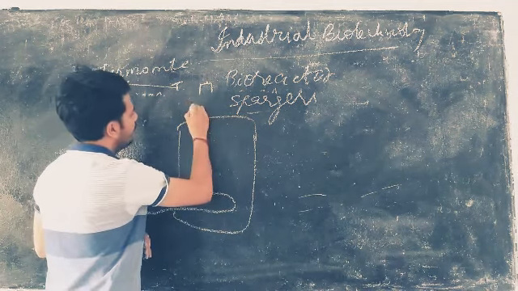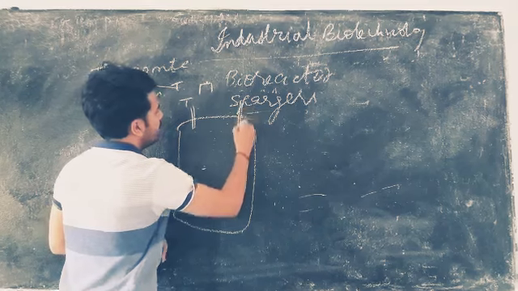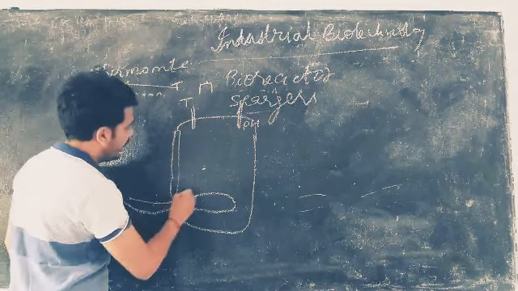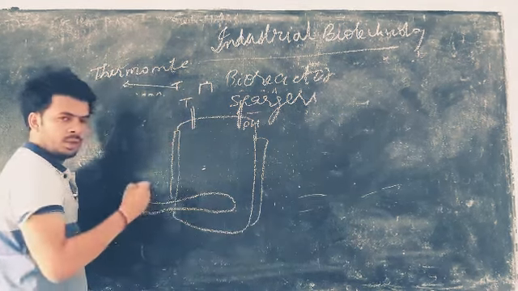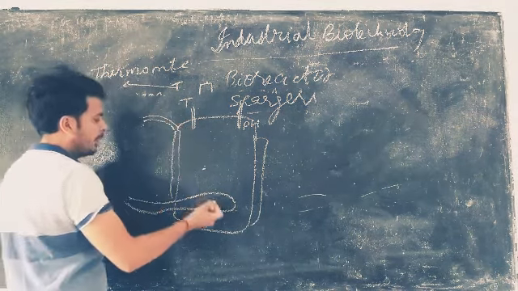Like we are having a temperature regulator, a pH regulator, a jacket to control the temperature, and an inlet for steam and an outlet.